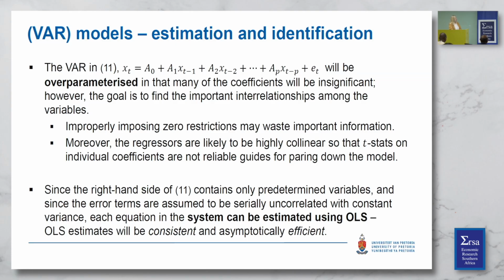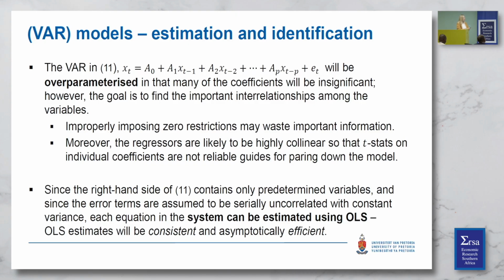So once we have decided on that, what is used is actually simple OLS, because it only contains predetermined variables. The error terms are assumed serially uncorrelated. There's no correlation in any of the two residuals.